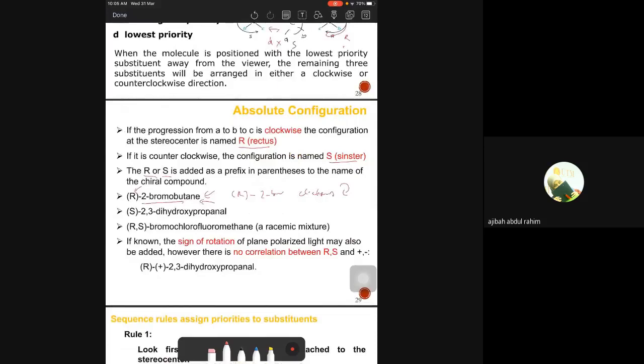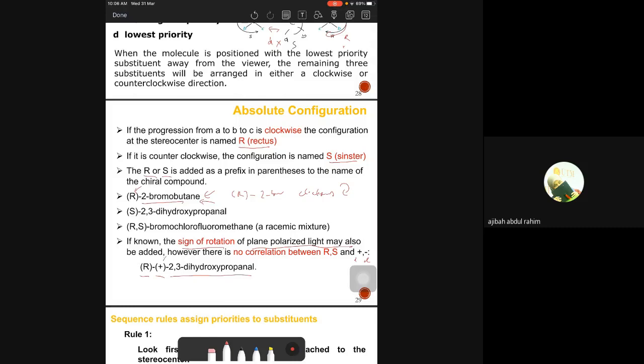If known, the sign of rotation of plane polarized light may also be added. So you can also include whether it rotates to the right or to the left as well. Like the negative is L, positive is D. So R in brackets, and then the rotation, followed by the usual name.